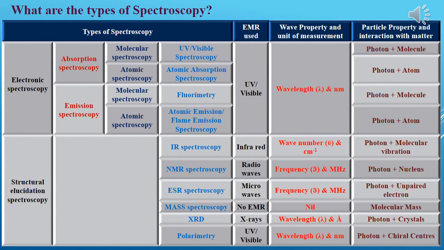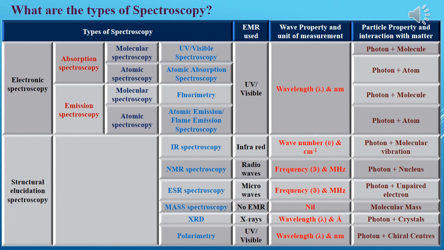Atomic absorption is atomic absorption spectroscopy. Molecular emission is fluorimetry, and atomic emission is atomic emission or flame emission spectroscopy. Coming to structural elucidation spectroscopy, examples are IR, NMR, ESR, MAS, XRD, that is X-ray diffraction, and polarimetry.